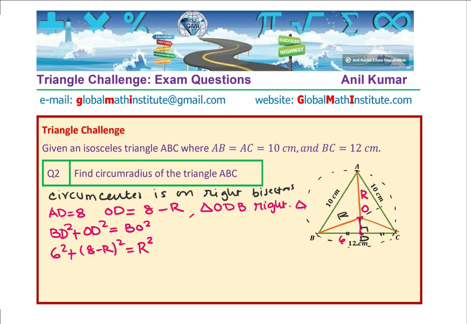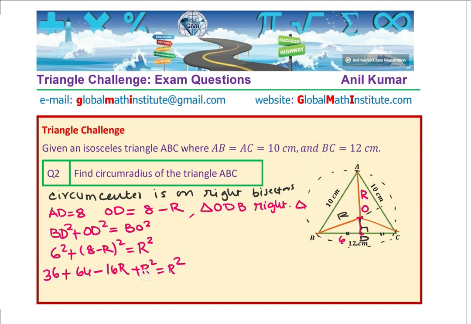Perfect. So we can extend this: 36 plus 8 minus R whole square gives you 8 square, which is 64, minus 2AB, which is 16R, plus we get R square equals to R square, right?